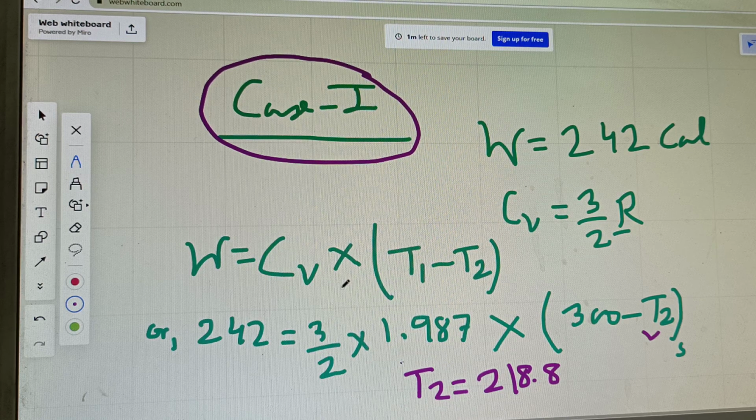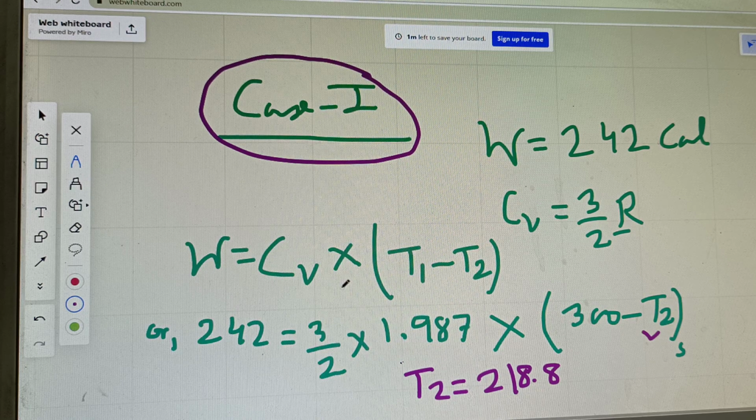So 242, you can take 240, divided by 3, is 80. So 300 minus T2 equal to 80, so it's around 220. The actual calculation is 218.8. So in case 1, T2 equal to 218.8.